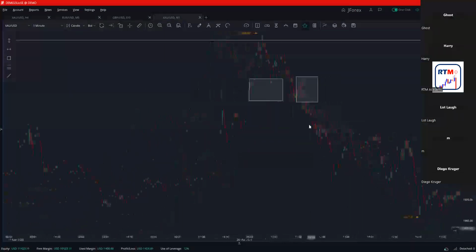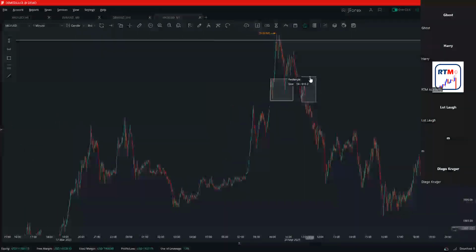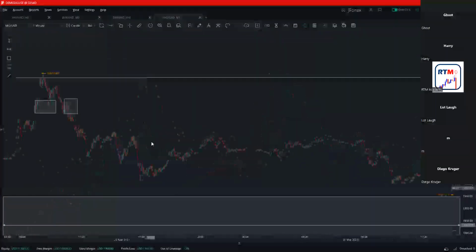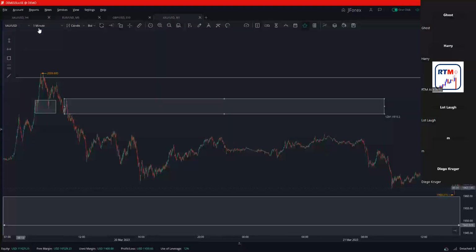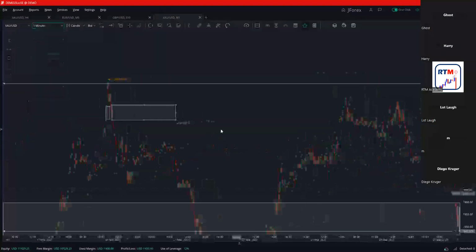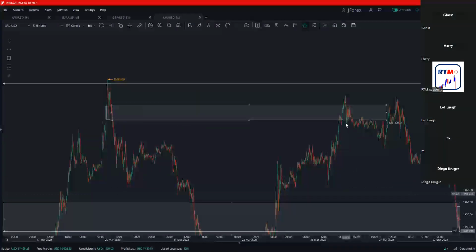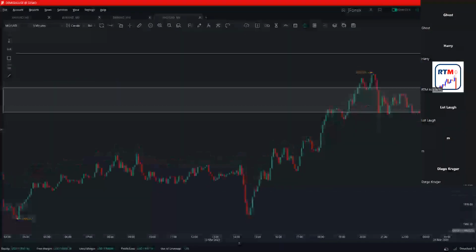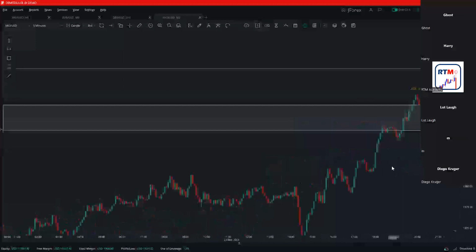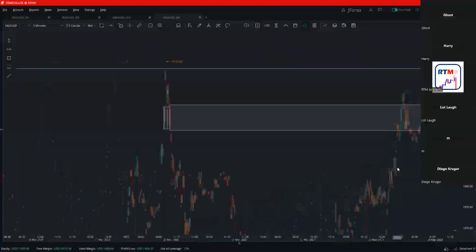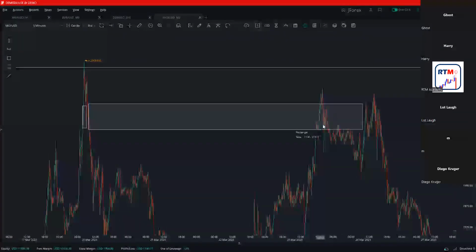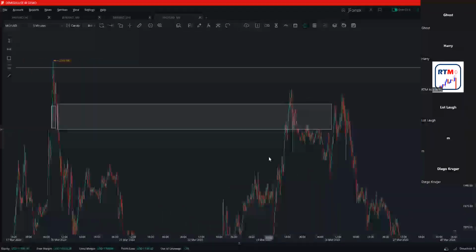So you can take a short here using proper risk management, or you can wait for the future. Let's see what happens in the future. Price comes, has a small reaction, but there is no price action here. If you want to sell here in this area, you have to wait again for confirmation.